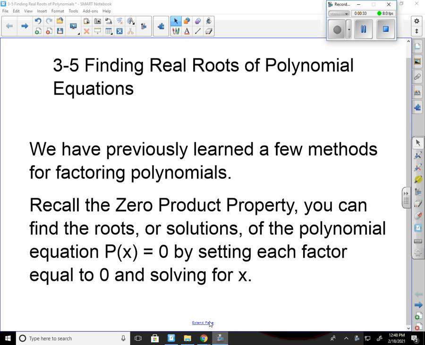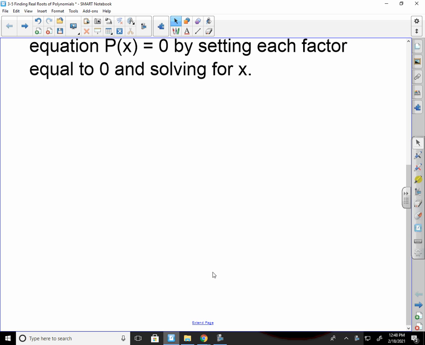We had done it for situations like this, where we had something like x squared plus 4x plus 3 equals 0.